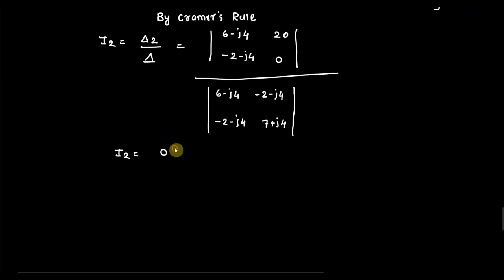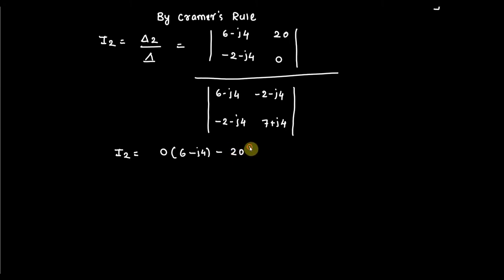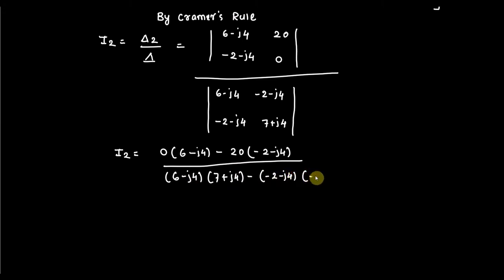So this will be 0 minus 20 times minus 2 minus J4, divided by this determinant: 6 minus J4, 7 plus J4, minus 2 minus J4, minus 2 minus J4. Fine.